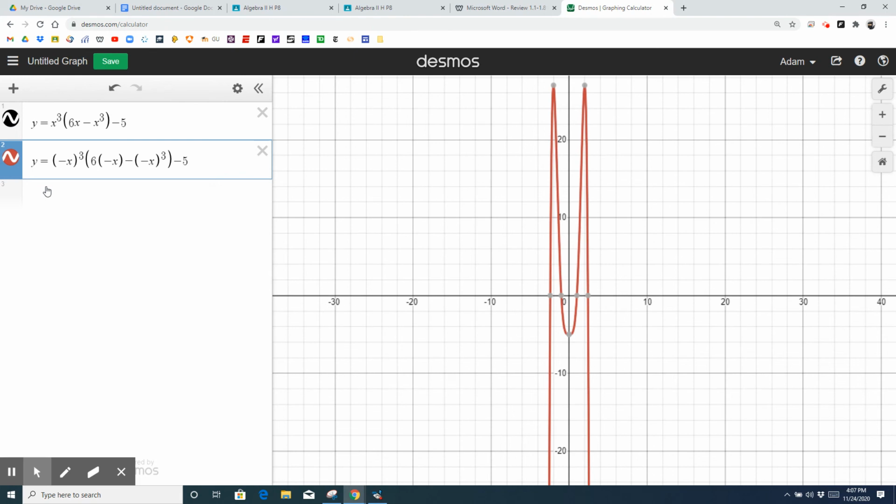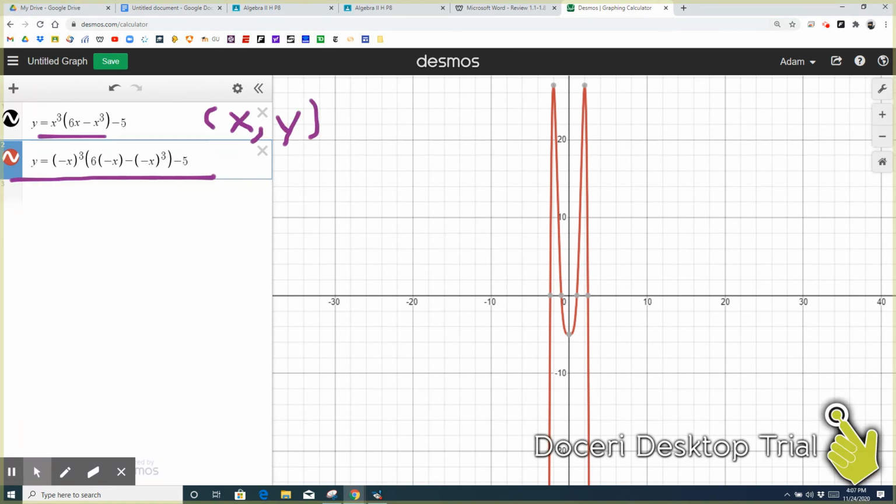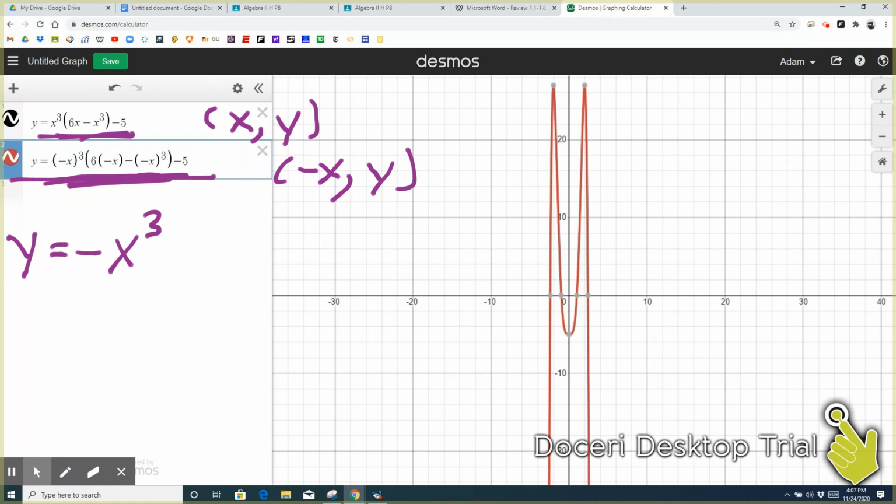Now, the way I would prove that without just looking at a graph is to show that this simplifies. For every point x, y is going to equal that. For every point negative x, I have to show that y is the same. So I have to show that this simplifies to that. So y equals, negative x cubed could be negative x cubed like that. You could pull out the negative because any negative raised to a third power would still be negative.